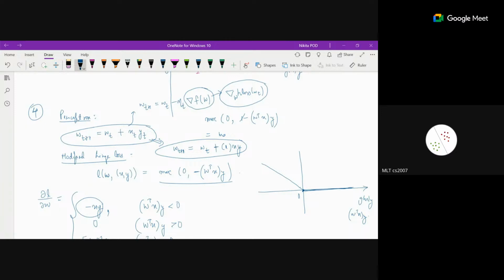We just wanted to say that this perceptron can be viewed as stochastic gradient descent, where we are taking this step size, eta_t, to be equal to 1. And the loss that we are using here is the modified hinge loss, and the step size is equal to 1.